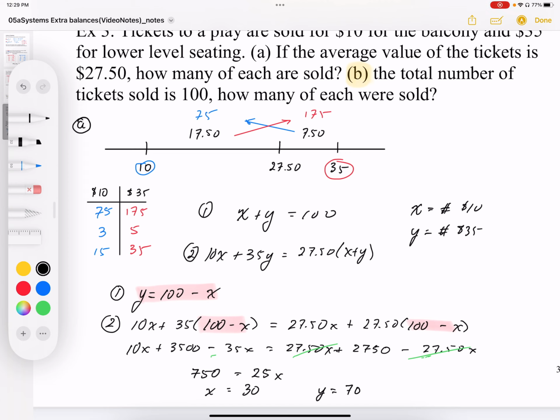So for part B, the answer was 30 tickets for x and 70 tickets for y, or 30 $10 tickets and 70 $35 tickets.